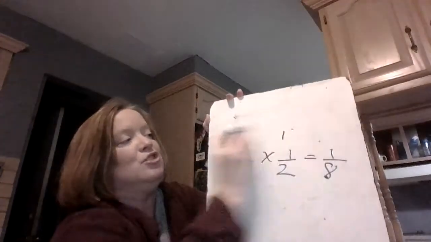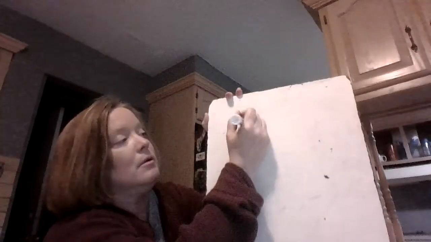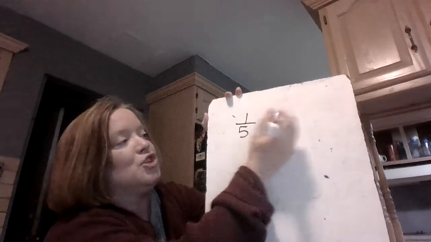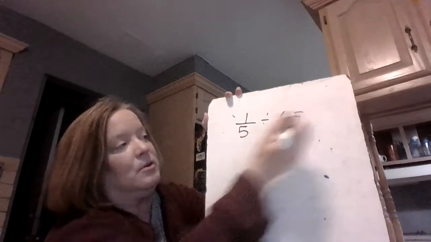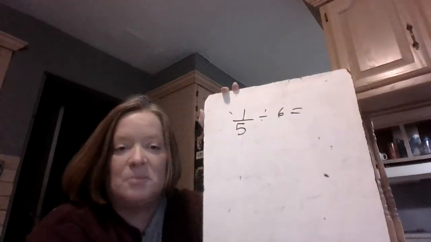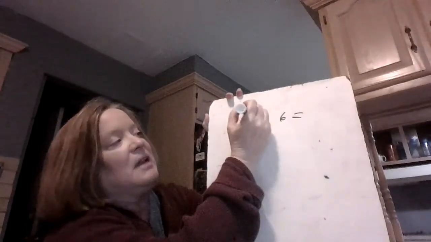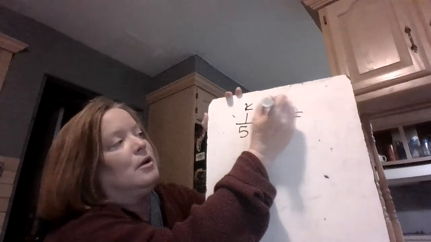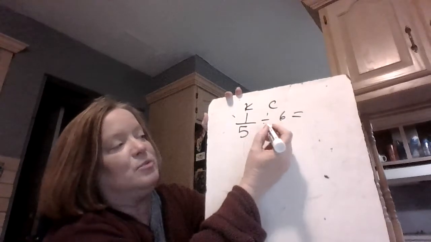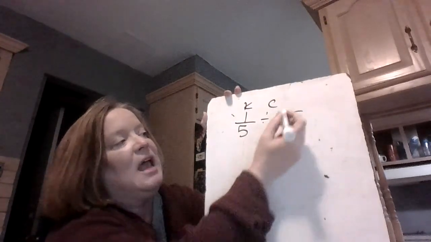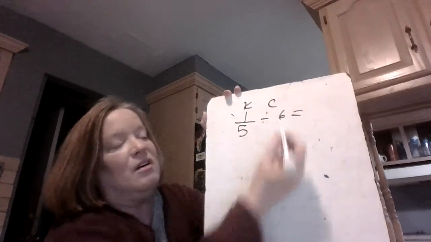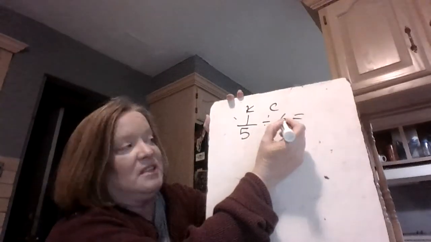And last one I'm going to do with you is 1/5 cut up or shared, let's say, amongst 6 people. You could have 1/5 of a pan of brownies and you're splitting it amongst 6 kids. So I'm going to keep this 1/5, change my division sign to its inverse, which is multiplication, and I'm going to make the inverse of this 6, or its reciprocal.